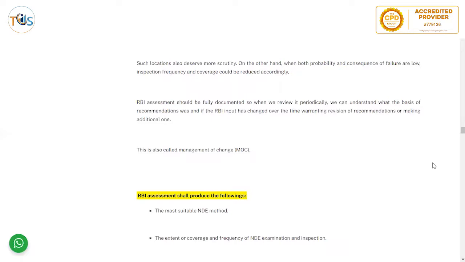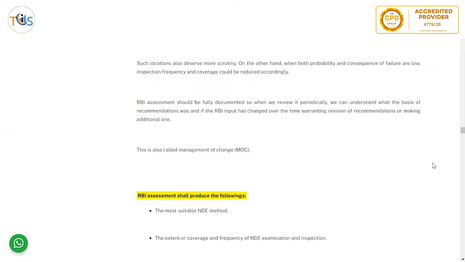RBI assessment should be fully documented, so when we review it periodically, we can understand what the basis of the recommendation was and if the RBI input has changed over time, warranting revisions of recommendation or making additional ones.